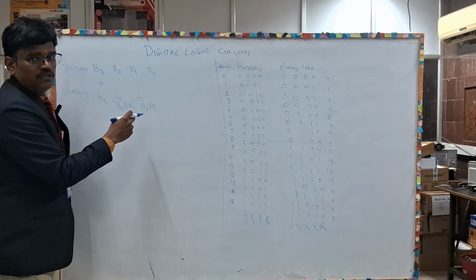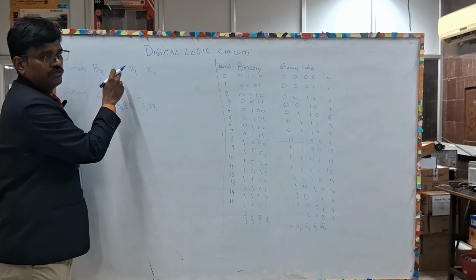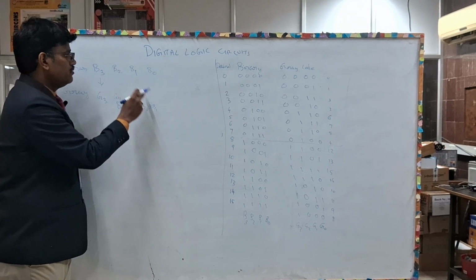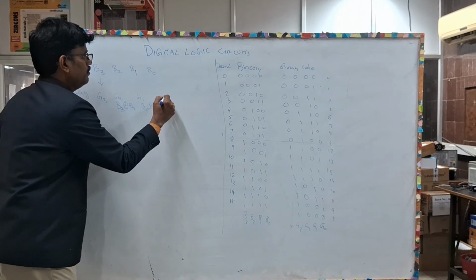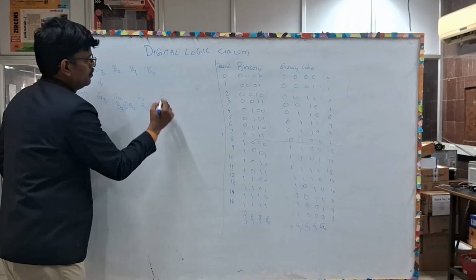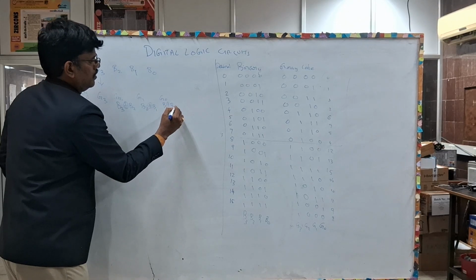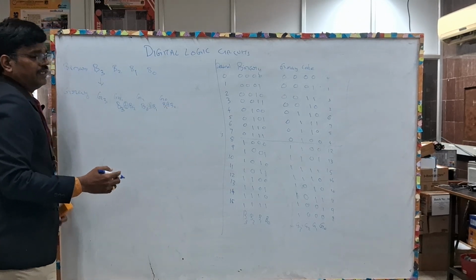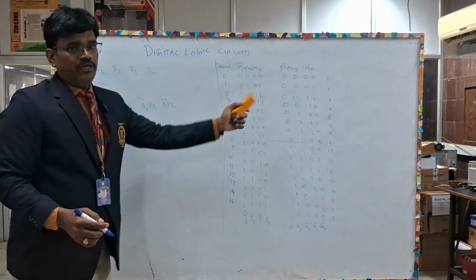The next bit is the XOR operation between the MSB and the next consecutive bit, the next G1 is the XOR operation between these two, and G0 is the XOR operation between B1 and B0, the LSB.